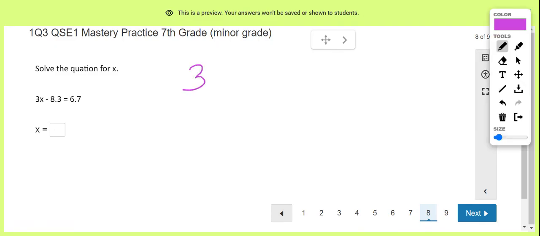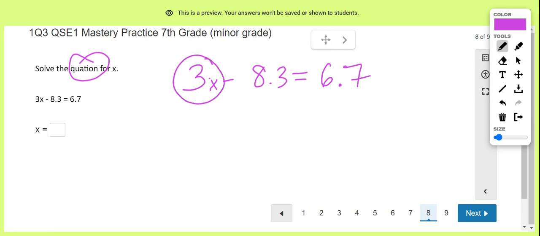Okay, just solve the equation. Circle the variable term. Separate your left side and the right side. We're going to start on the side with the variable term, but we're going to do opposites away from the variable.